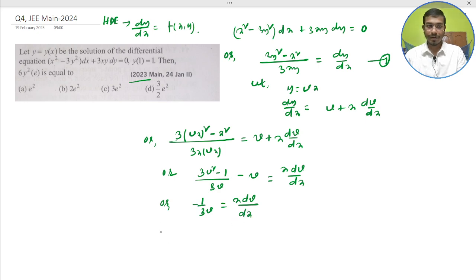Integrate both sides: 1 by x dx is equal to the integration of 3v dv.